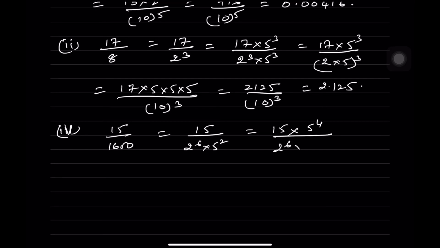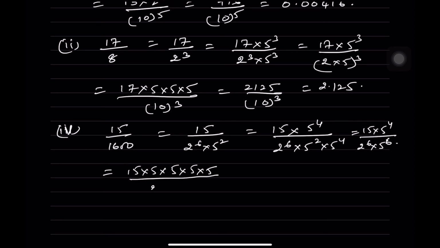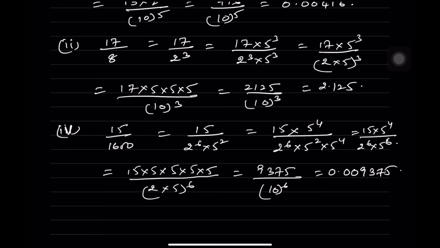So 2 to the power of 6 into 5 square into 5 to the power of 4, which is equal to 15 into 5 to the power of 4 divided by 2 to the power of 6 into 5 to the power of 6, which is equal to 15 into 5 into 5 into 5 into 5, that is 15 into 625 divided by 2 to the power of 6 into 5 to the power of 6, which is equal to 9375 divided by 10 to the power of 6, which is equal to 0.009375.